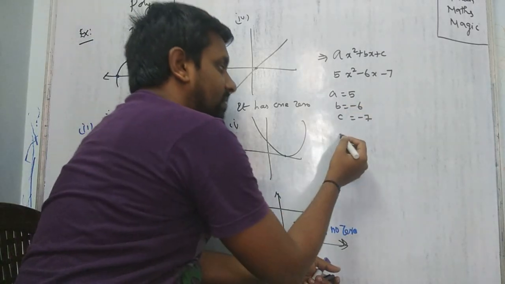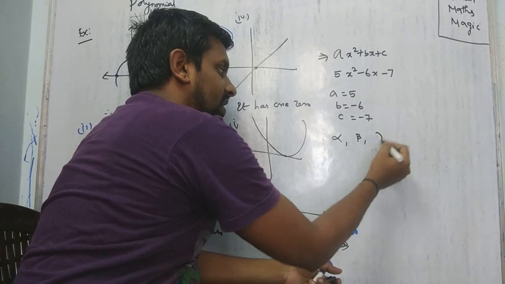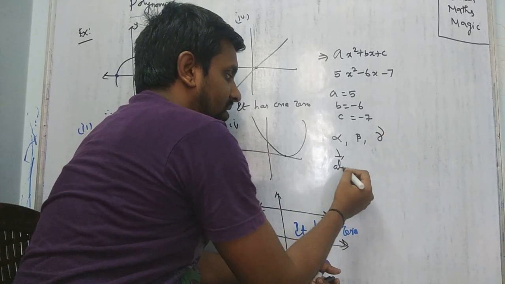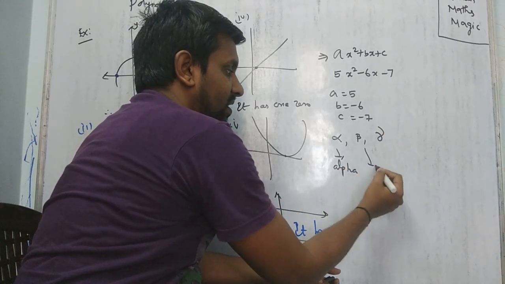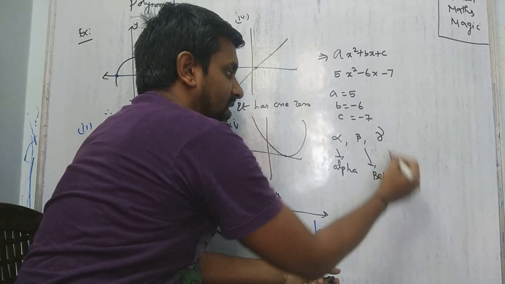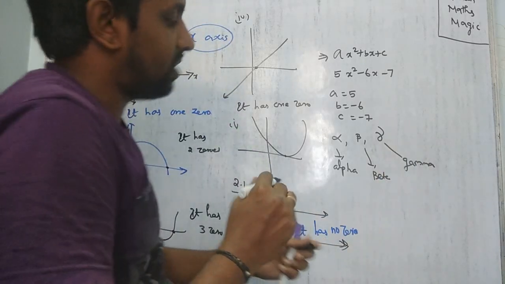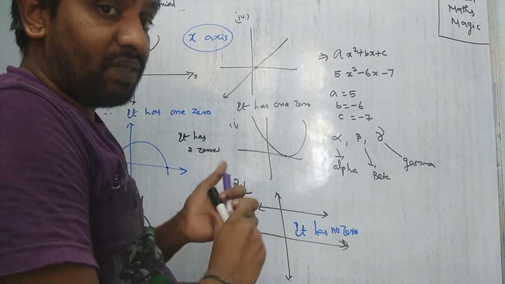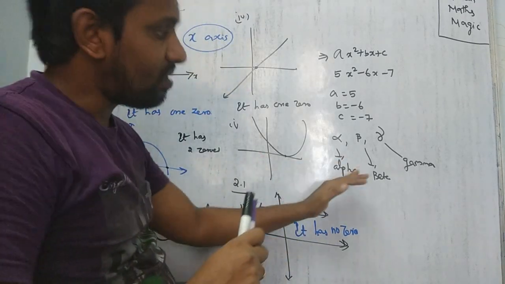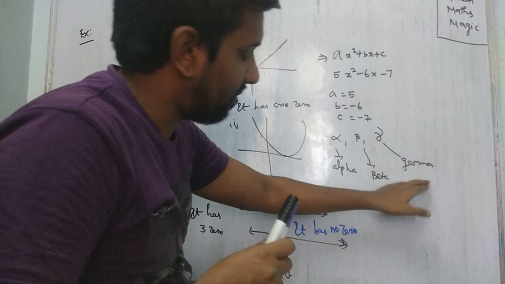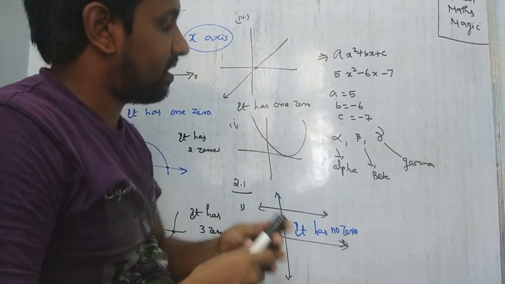Now there are Greek symbols: alpha, beta, gamma. You can pronounce them yourself. There are many symbols, rho, psi, pi, but in this chapter they will tell you only these 3. Gamma is for the cubic polynomial, and alpha and beta are for the quadratic polynomial.